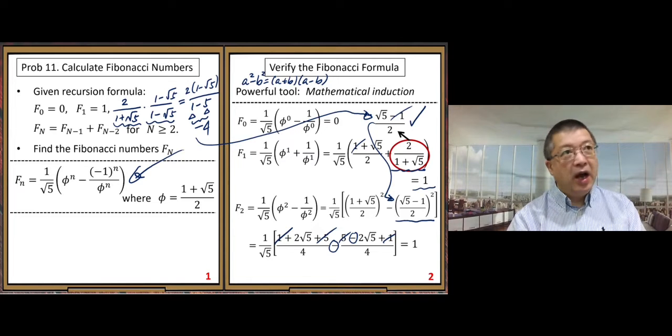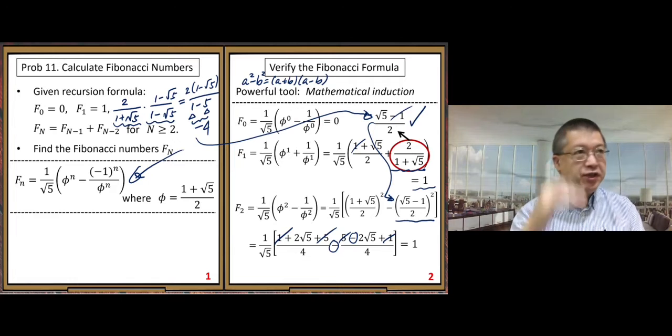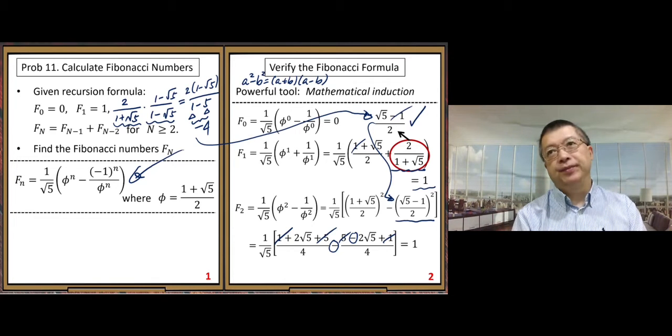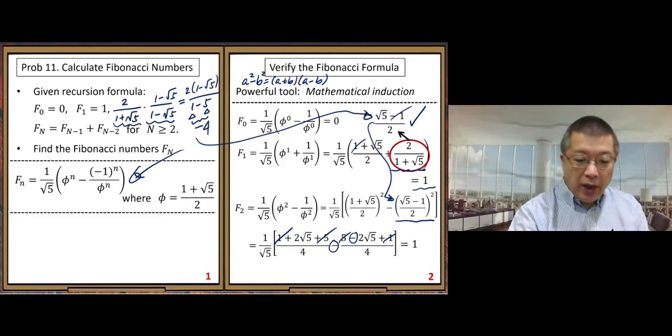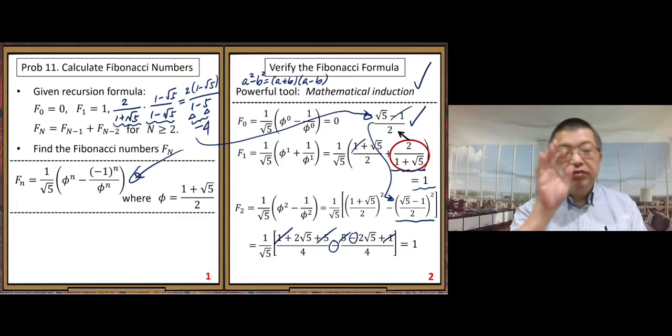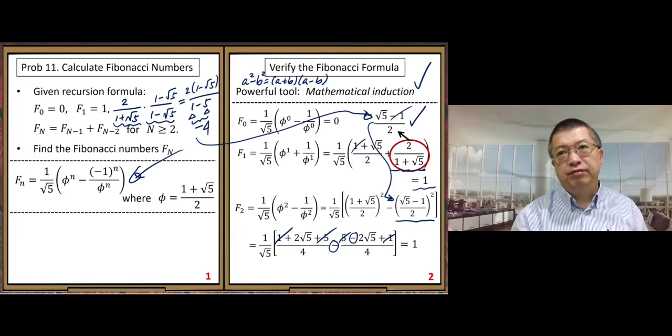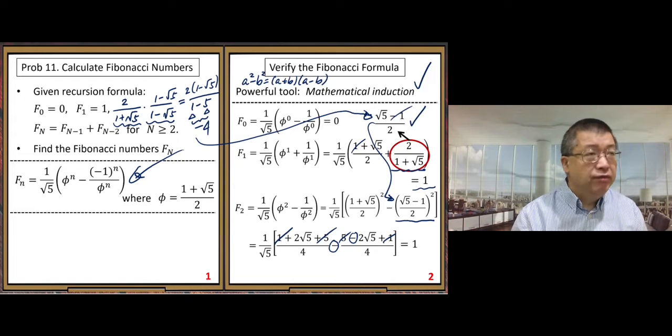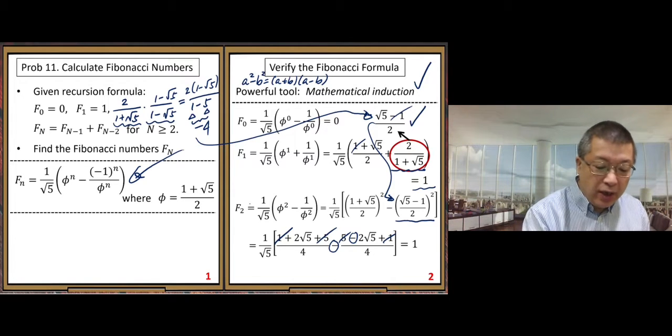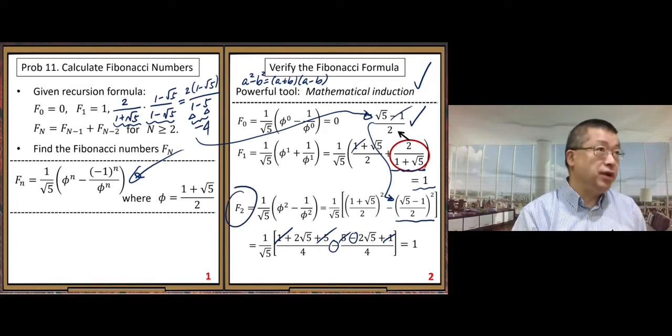So you can see our verification for the first 3 cases is correct. If we just need to apply mathematical induction, that's already enough. F2 is actually not necessary for mathematical induction.